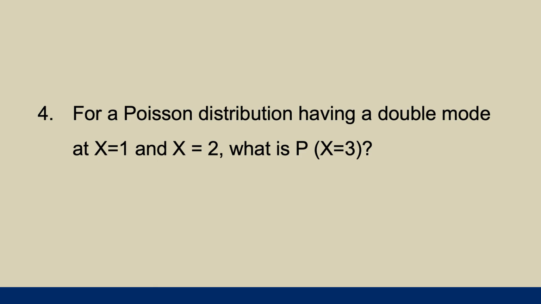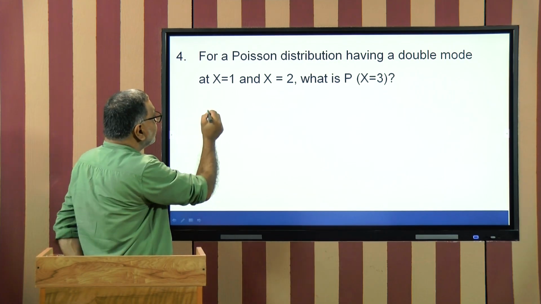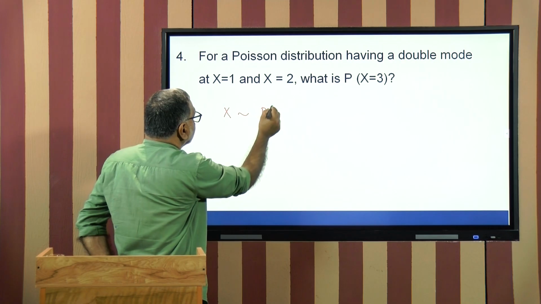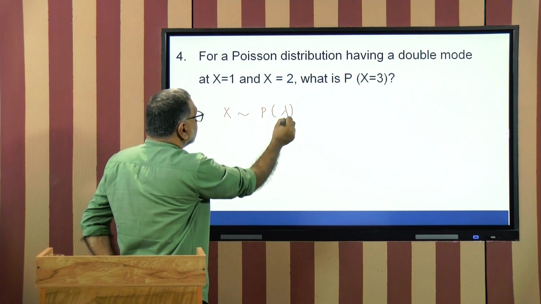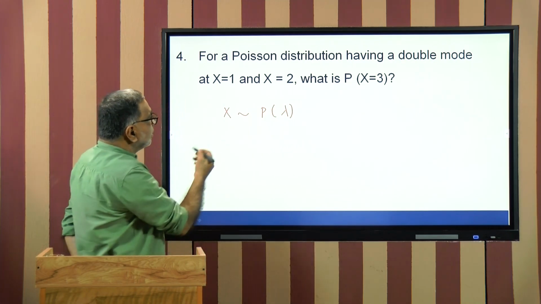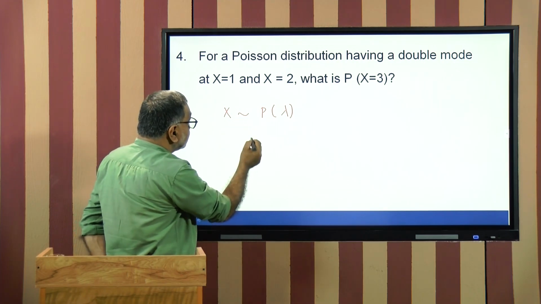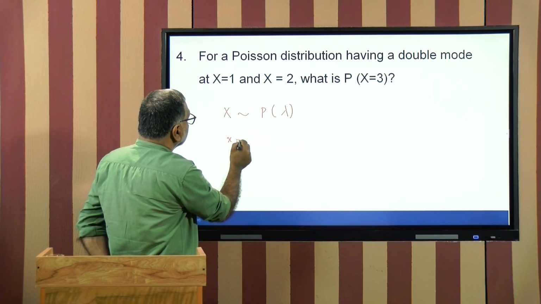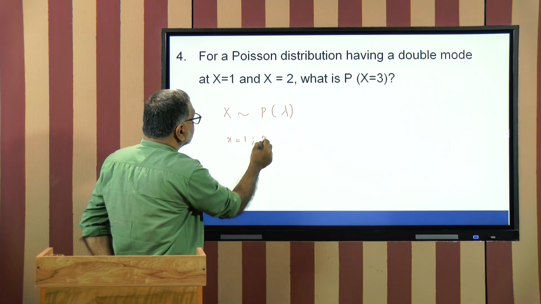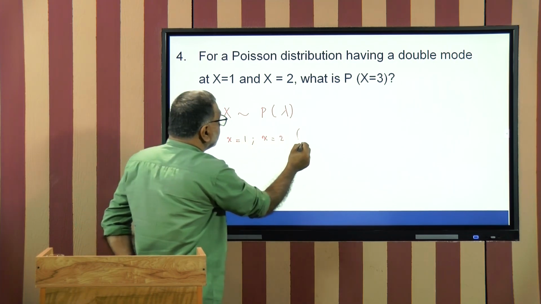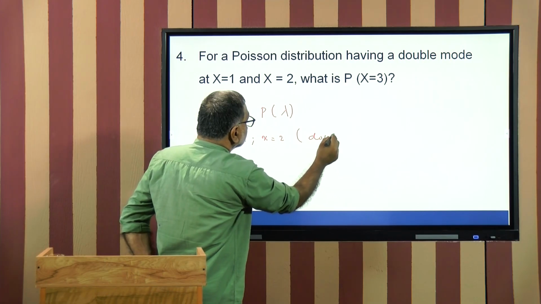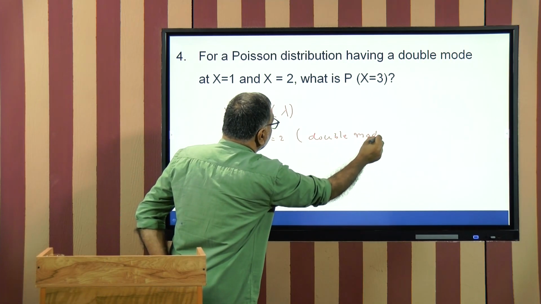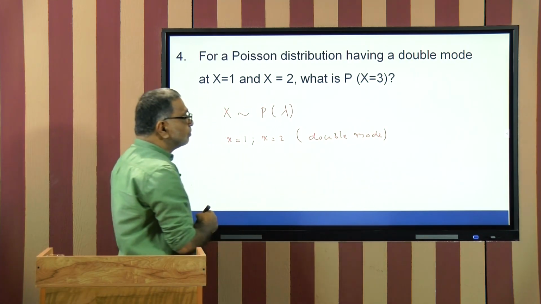So, what we are doing here: suppose X is a Poisson random variable with parameter lambda, and given that the distribution has modes at x equal to 1 and x equal to 2. So, two modes, a double mode situation, that is, modes at 2 points for the distribution.